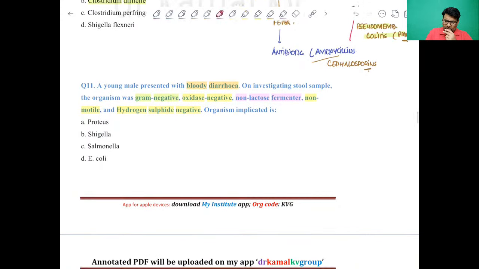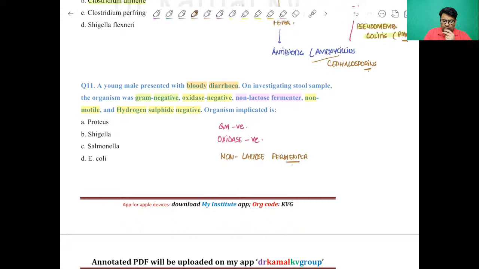So here the bacterium is gram negative, oxidase negative, but more importantly non-lactose fermenter.